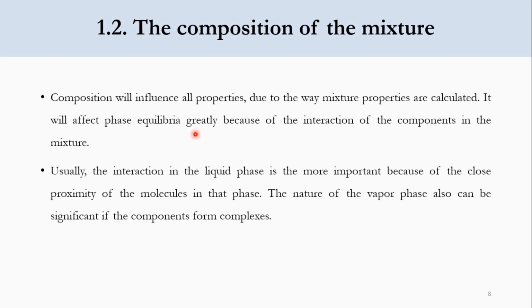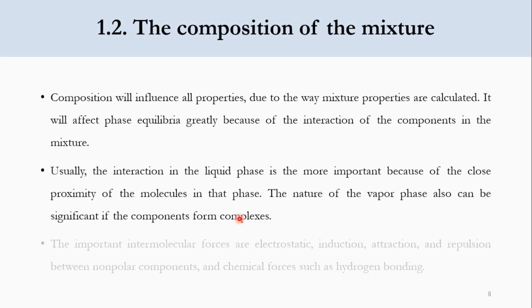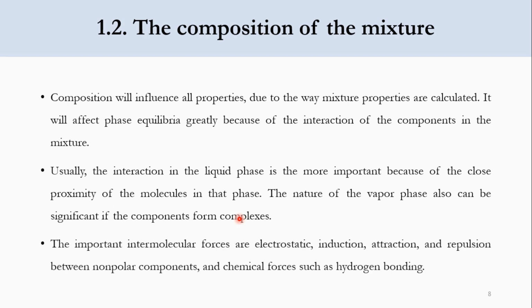In the liquid phase, the interaction is very important because of the close proximity of the molecules. If the components form complexes, then the vapor phase also becomes important in the system. The important intermolecular forces are electrostatic, induction, attraction and repulsion between nonpolar components, and chemical forces such as hydrogen bonds. So these are the parameters which we need to consider when we talk about the composition of the mixture.